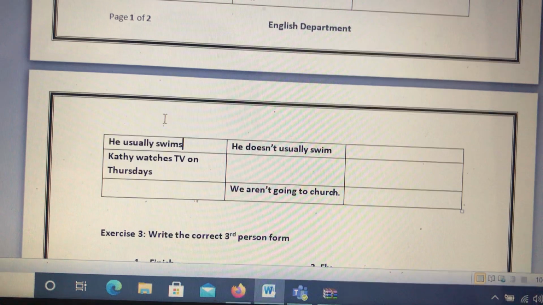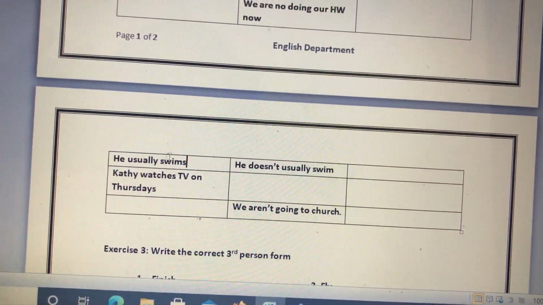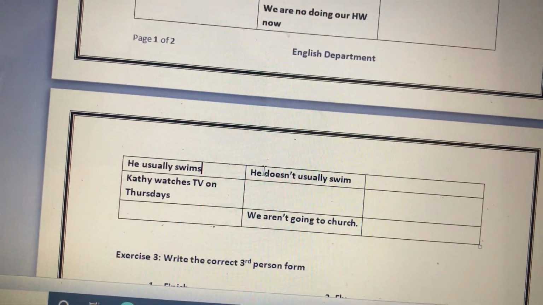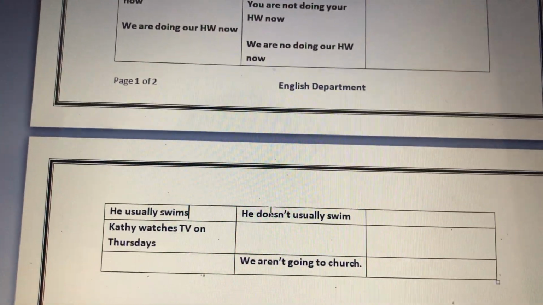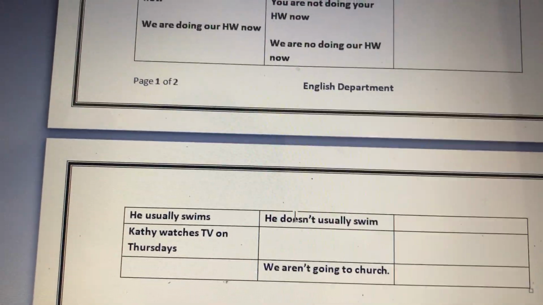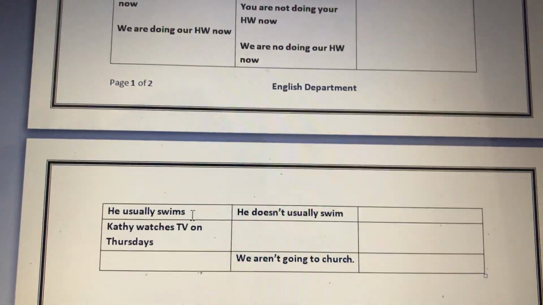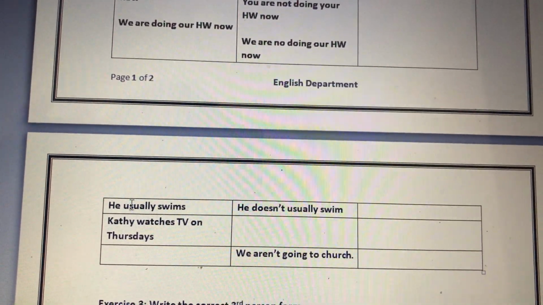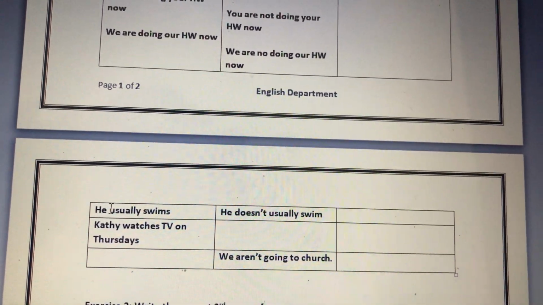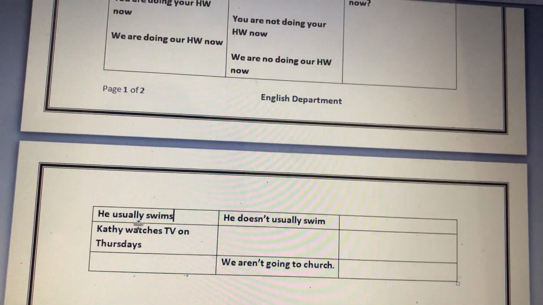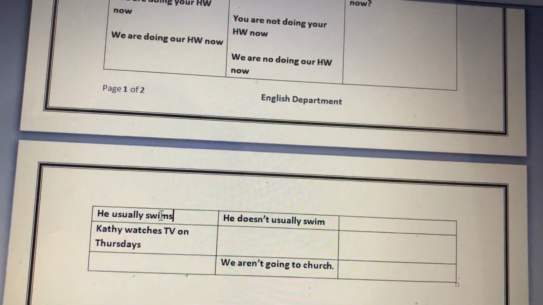We added s to the verb because in the affirmative we don't use the auxiliary verb do in order to have the s, so it will become does. So here we added s to the main verb, and please notice that we added the keyword, which is the adverb of frequency, before the main verb.